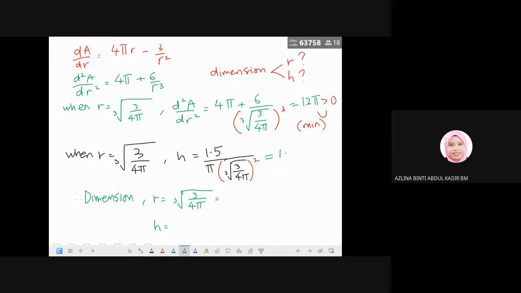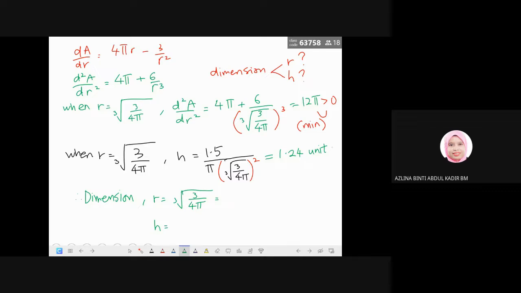Berapa hash? 1 point? Zairi? 1.24. 1.24. Unit? Unit apa? Oh tak ada. 1.24 unit. Okay, itulah value of H, height.